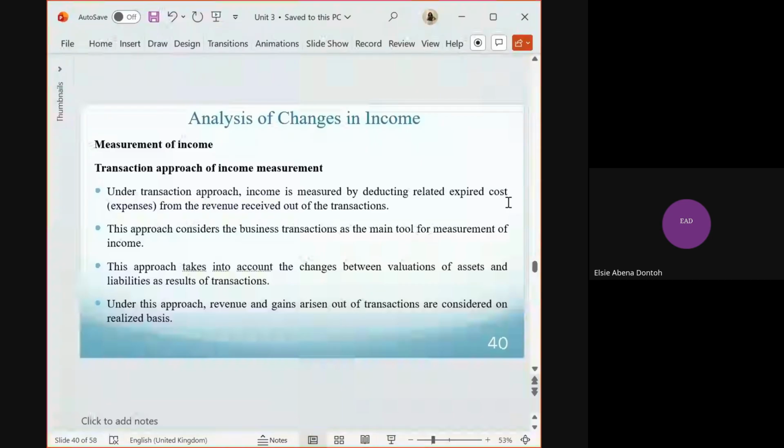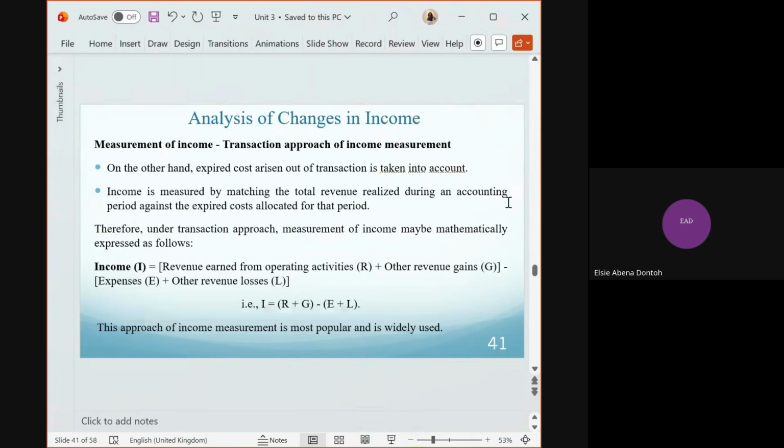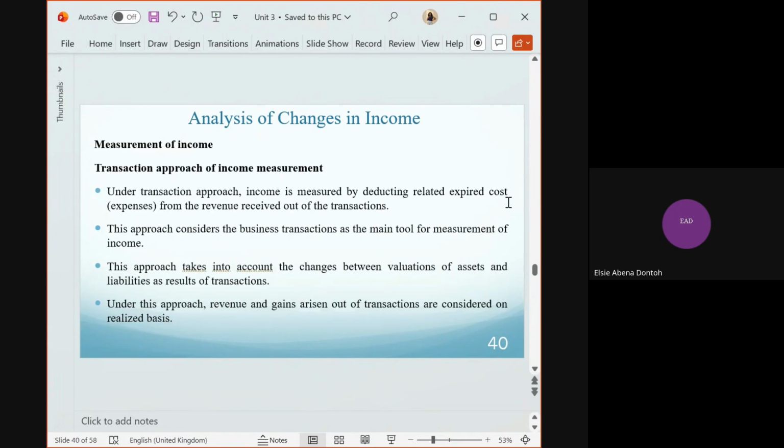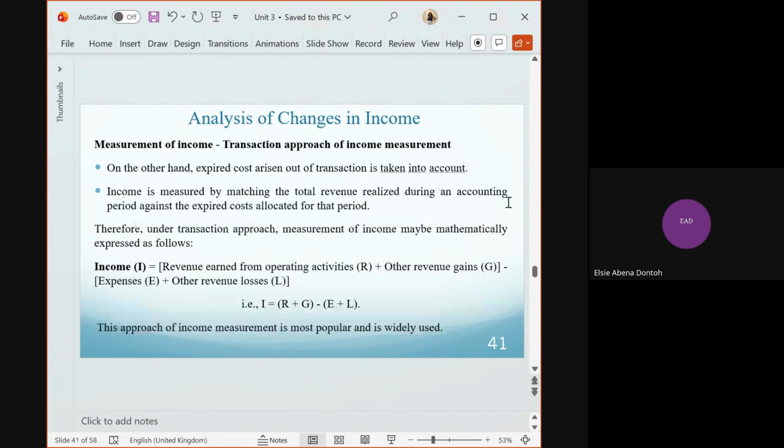Under this approach, revenue and gains arising out of transaction are considered on a realized basis. And still, under the transaction approach, expired costs arising out of transaction are also taken into account. Income is measured by matching the total revenue realized during an accounting period against expired costs allocated for that period.